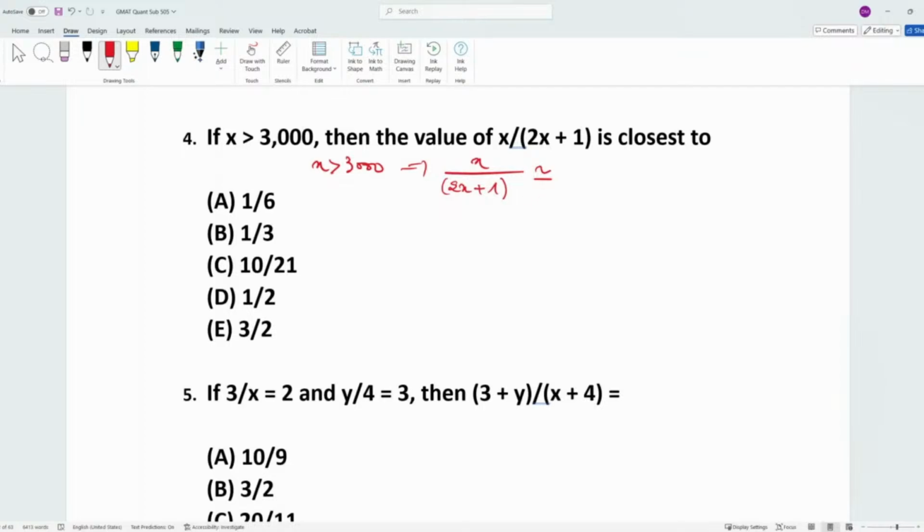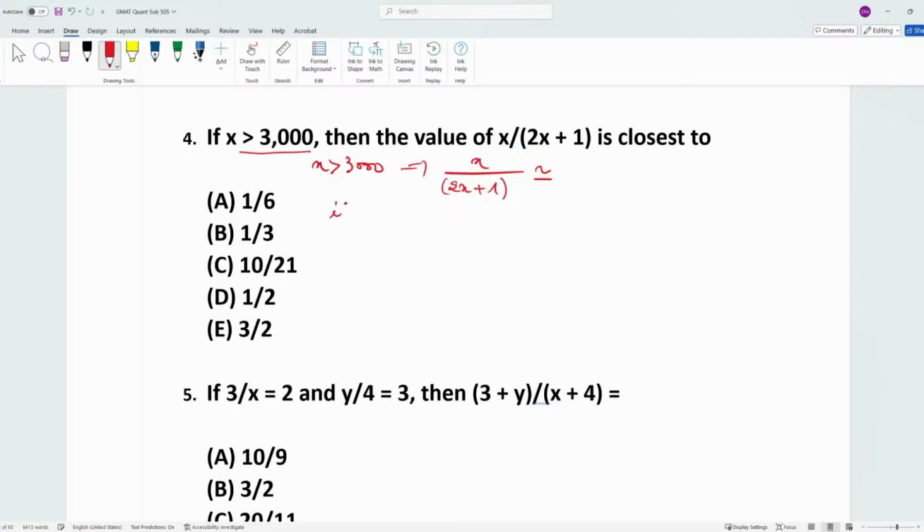Okay, so what we are going to do here, it says that x is greater than 3,000. So we are going to suppose that x is actually, let's say, 3001. Okay, because it's strictly greater.